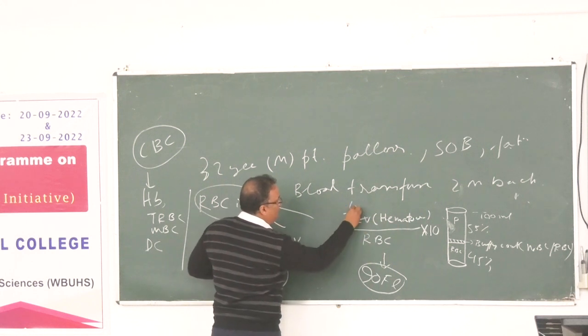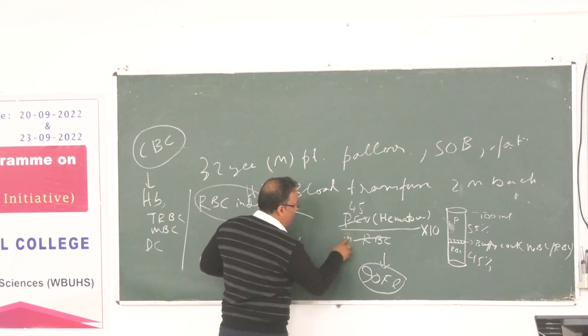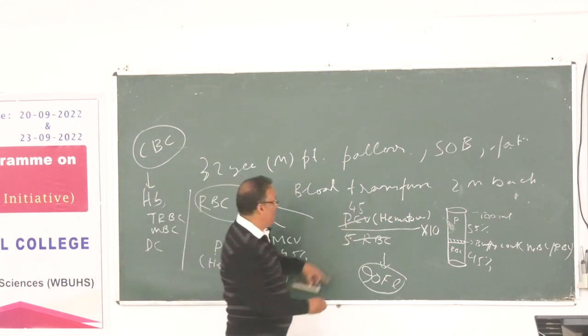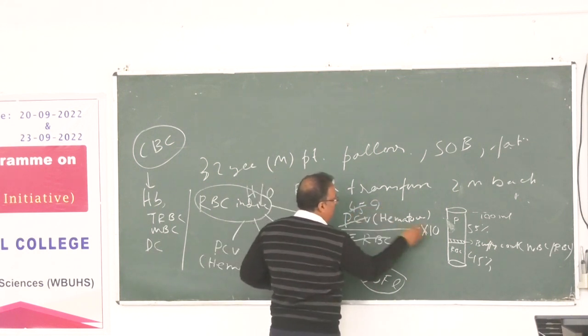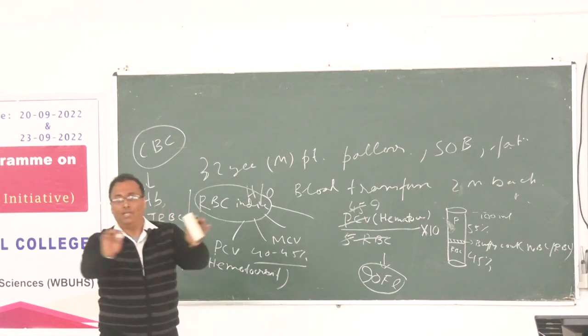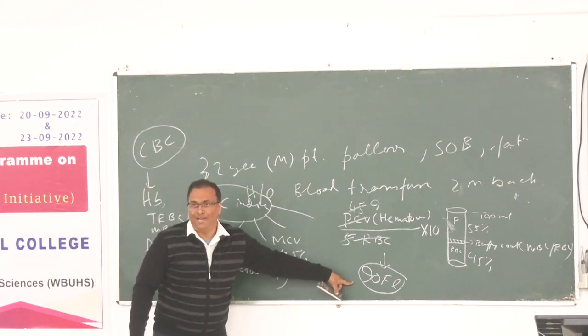Suppose this PCV is 45 and the RBC count is 5 million ধরলে, তাহলে 5 কত হলো? 90 ফেমটোলিটারটা আসছে, সব বইয়ে দেওয়া আছে.